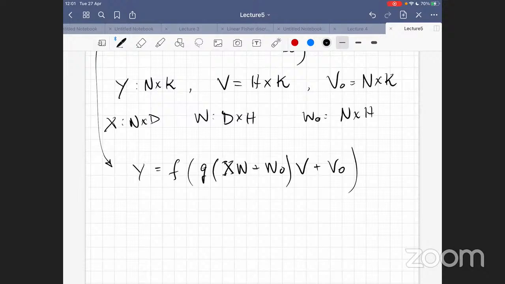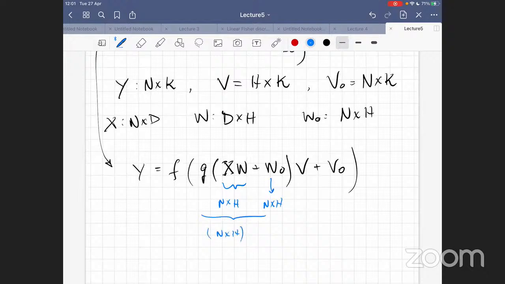And so you know it works, right? So this thing is n by d with d by h. So the whole thing here is n by h, and this here is also n by h. And then whatever g is, n by h.